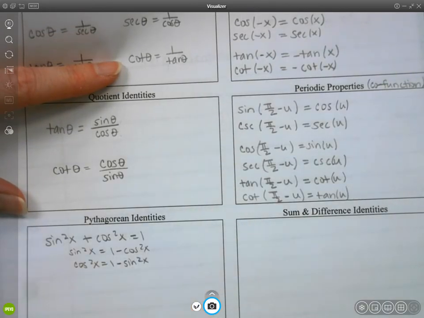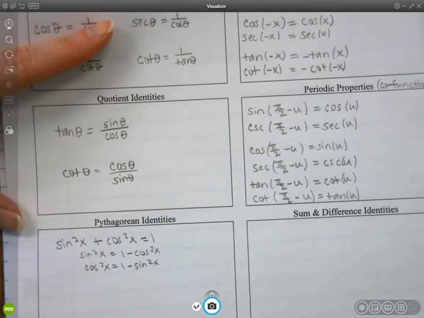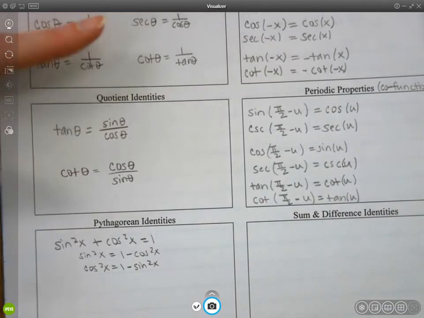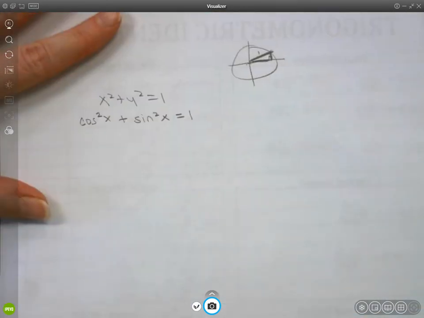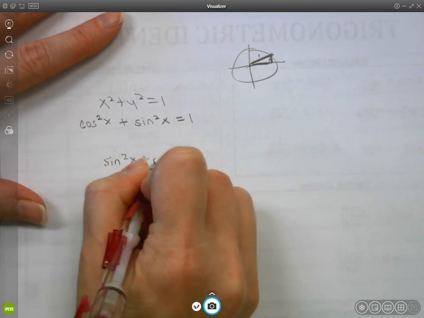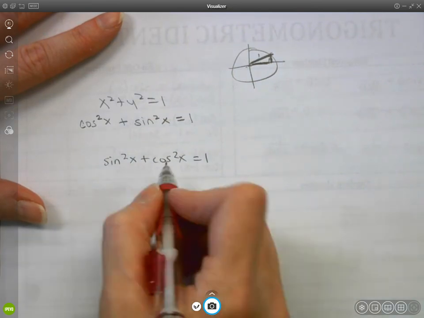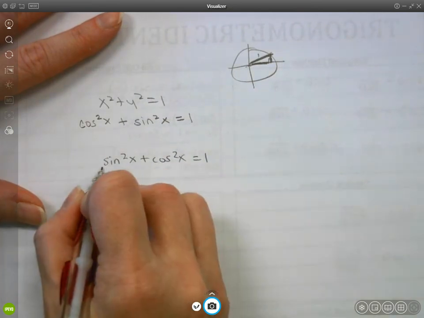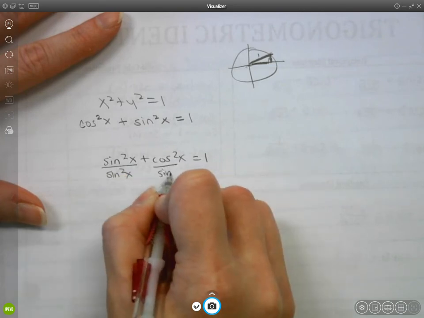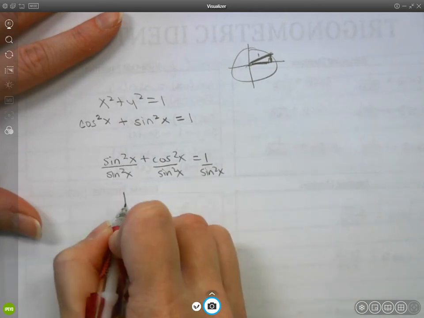I just rearranged it, and a lot of times students need to have all of them sitting in front of their face because you don't remember that you can rearrange things. So I went ahead and wrote them all down. All right, so if I take this, and I'll write it this way so that everything matches up, and I divide the whole thing by sine squared, so I divide by sine squared here, here, and here, then I get 1.